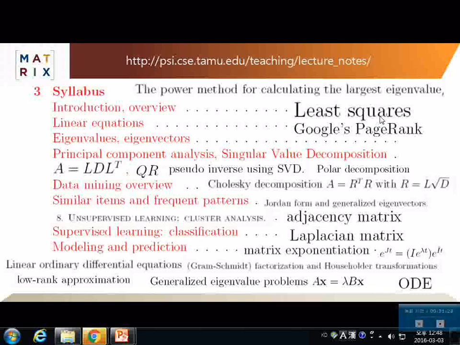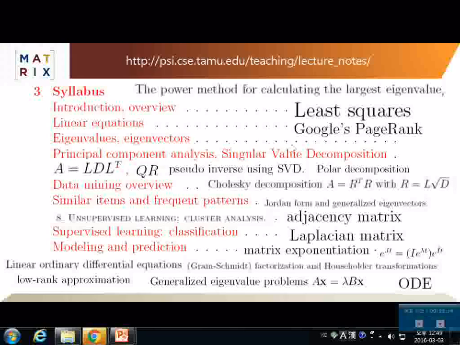Then you need to find the best solution for any type and any size of matrix. For eigenvalue and eigenvector problems, you need to know how to find the largest eigenvalue in an effective way, and how to find the second largest eigenvalue effectively. Those ideas lead to Google's PageRank algorithm, which is actually a power method, along with some theory on non-negative matrices, the Perron-Frobenius theorem, Perron vectors, and others.